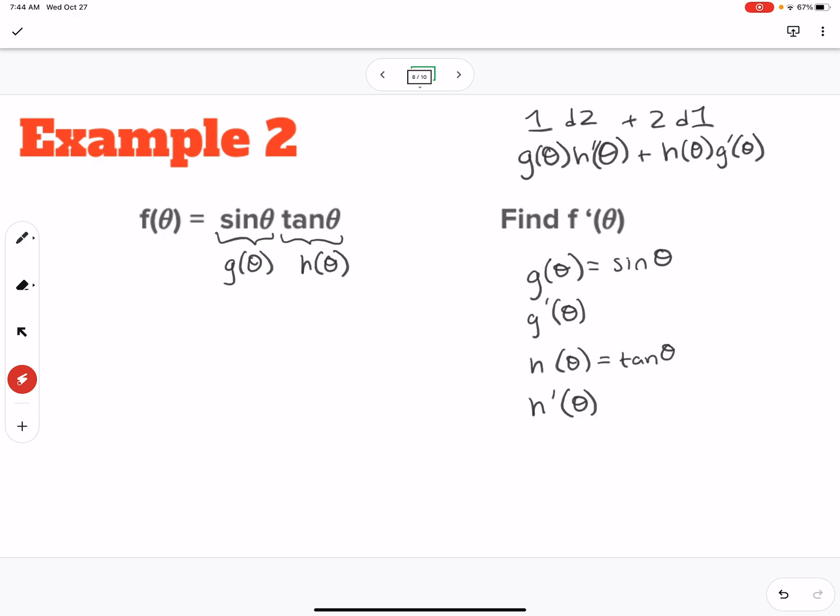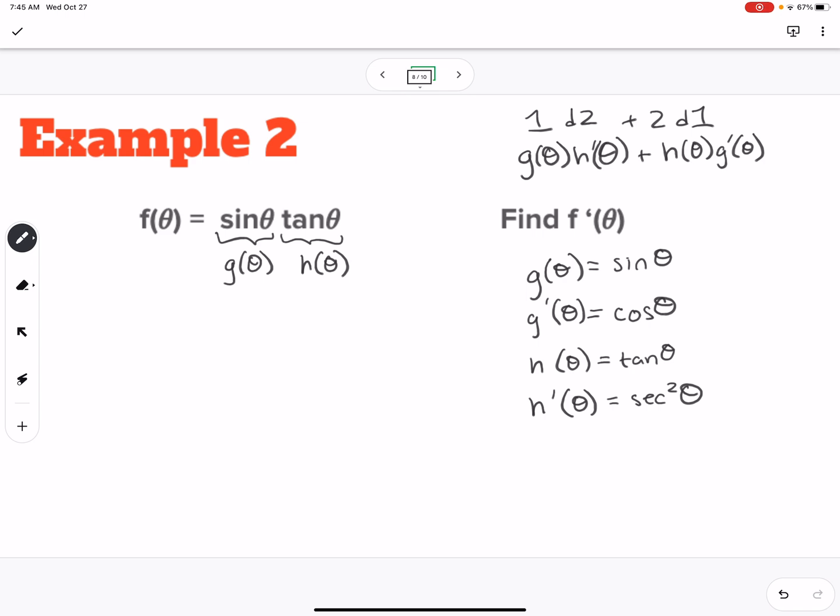Our derivative of sine, you guessed it, is cosine. That was the very first trig derivative we learned. On to our derivative of tangent. This one is a little bit trickier. This one is secant squared. All right, giving everybody just a second to catch up, make sure we're all on the same page.